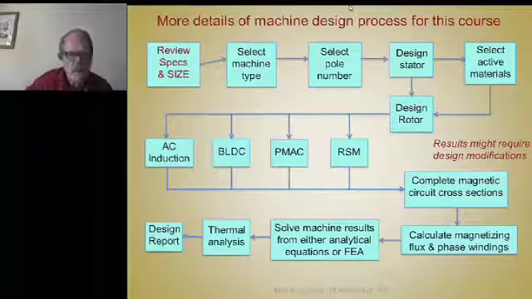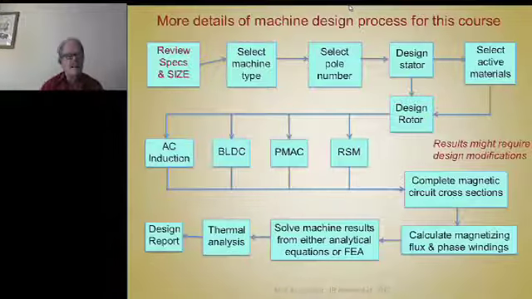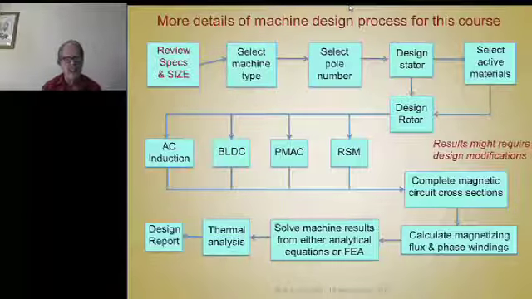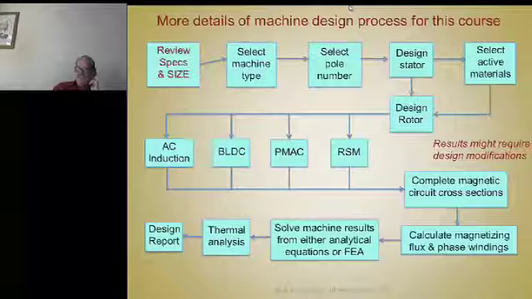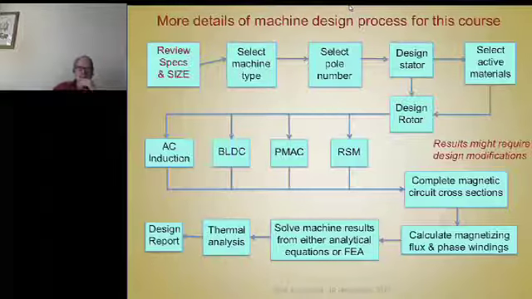Those are the things you have to decide as a machine designer. So you size it and select the machine type, and you have to select the pole number. Then the next thing you do is design the stator. Once you've got this far, you could actually change rotor designs. You could actually compare these three rotors we're going to talk about with the same stator. Some people are interested in doing that.